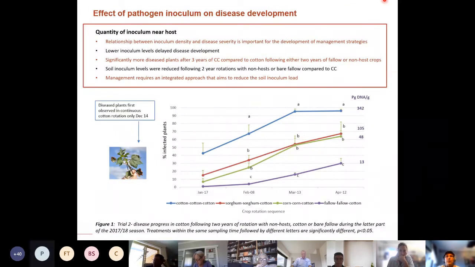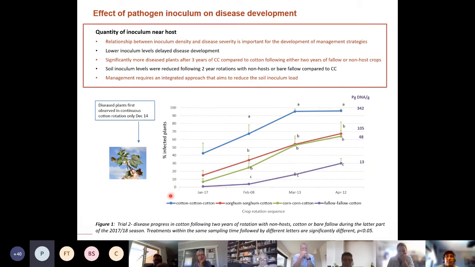So what is the effect of the pathogen inoculum on disease development? This is some work from our rotation trial at Gedda, and I just wanted to give you data from cotton fields, not overseas data, but from our cotton fields with our strains of Verticillium.